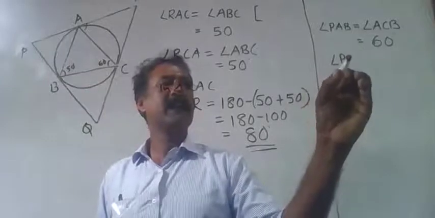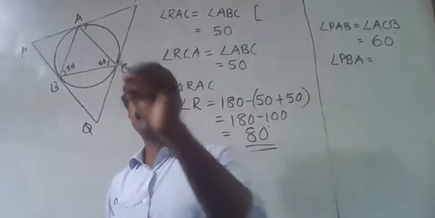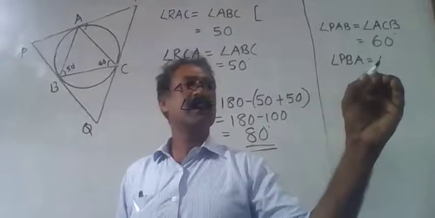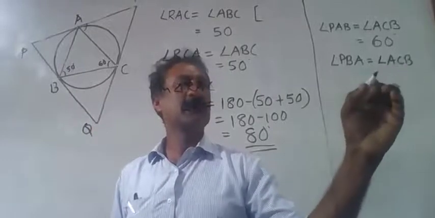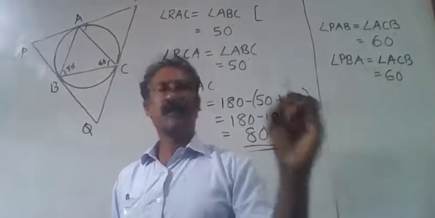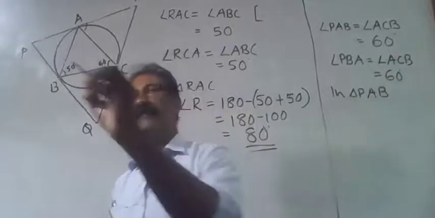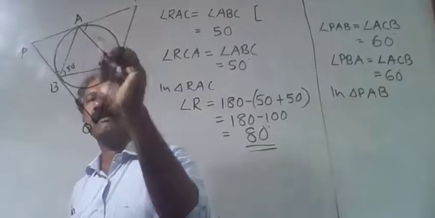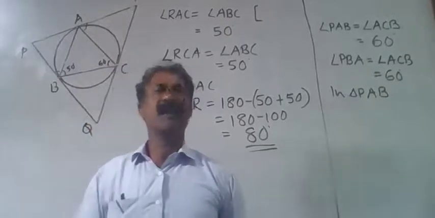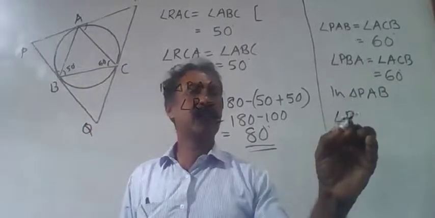Similarly, angle PBA. What is PBA? PBA is also equal to angle ACB, which is 60 degrees. Therefore, in triangle PAB, these two angles are known, so you can find the third angle.